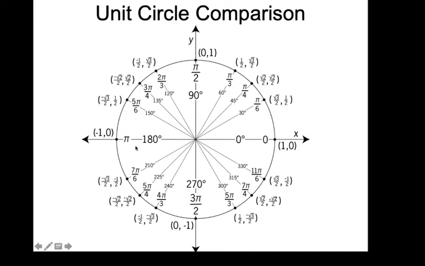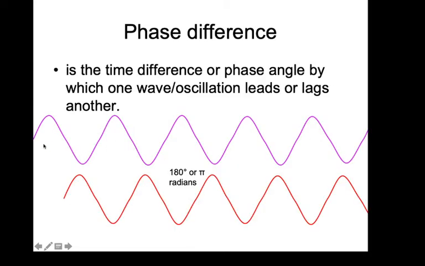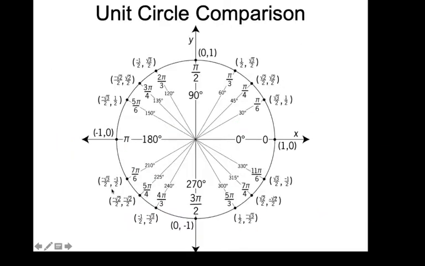Hopefully that connection becomes more clear as you go through these slides and watch some videos or ask me for some additional guidance on that. All right, so after 180 degrees of that unit circle, our second one is starting, and they're going to continue their simple harmonic motion with the same period, the same frequency, same amplitude, all the way through this cycle. But this one will always be exactly 180 degrees behind.